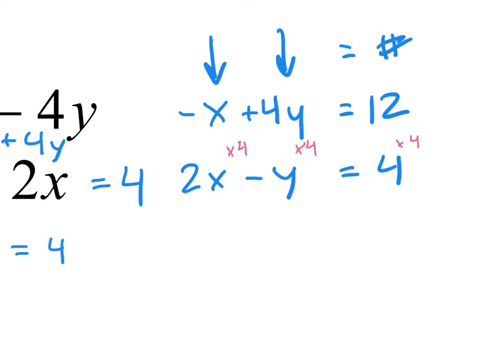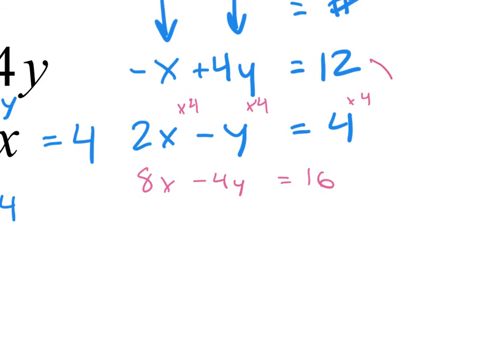So our second equation becomes 8x minus 4y is equal to 16. So now we're looking at these two equations here. We can just cross this one out so we don't pay attention to it. Now that we have a variable that will cancel out, we can combine our terms. So we have negative x plus 8x, which is 7x.